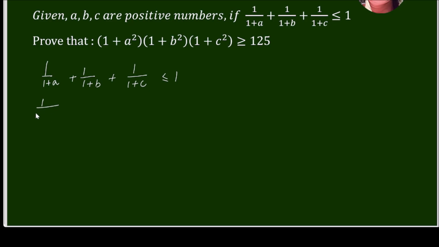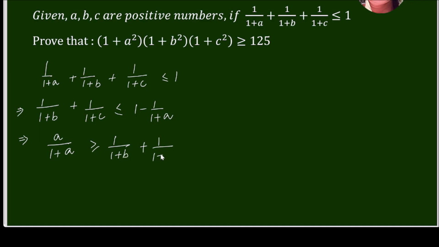Shifting 1 over 1 plus a to the right side, I'll get 1 minus 1 over 1 plus a. It will simplify to a over 1 plus a, which is greater than or equal to 1 over 1 plus b plus 1 over 1 plus c.